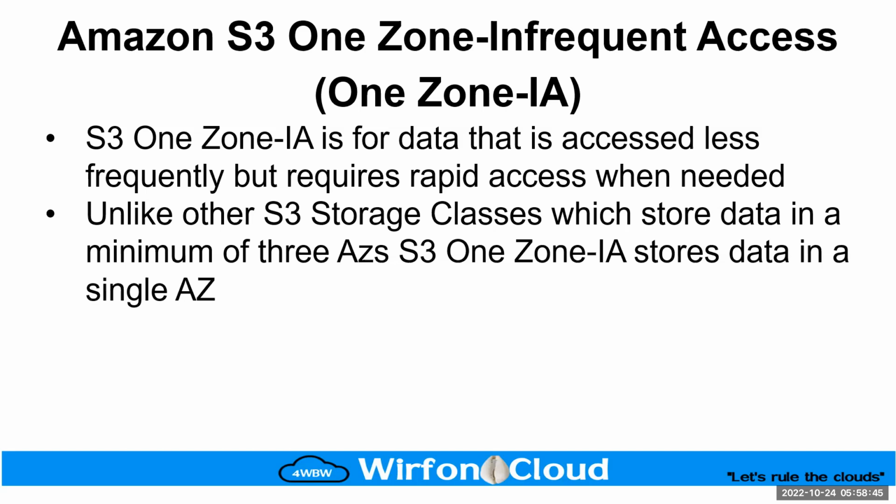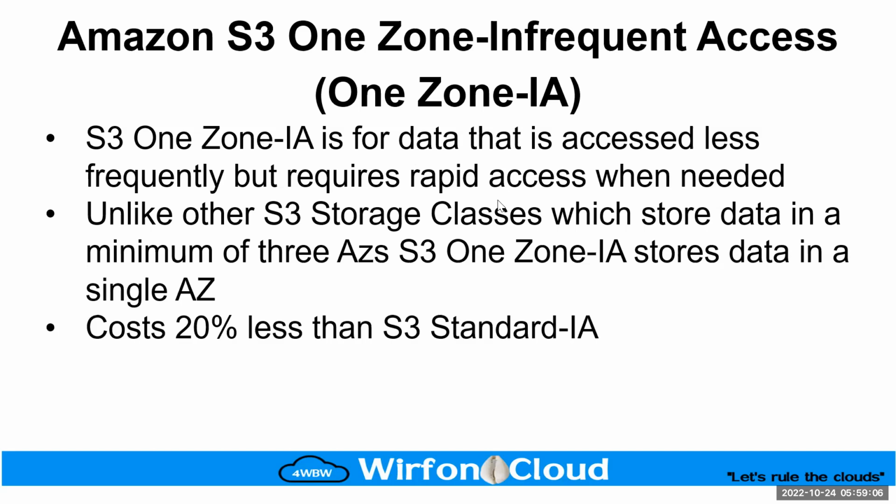Like with other storage classes like S3 Standard and S3 Infrequent Access, data is stored in a minimum of 3 availability zones. But with S3 One Zone IA, data is stored only in a single availability zone, as the name says, one zone. So it costs 20% less than S3 Standard IA.